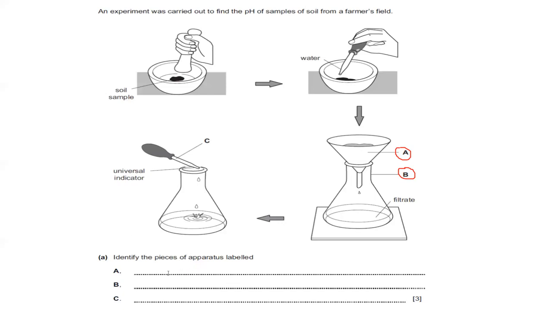So the first one was a funnel, the second one is a conical flask. And what about C? Yeah, that's right, good. That's a dropper.